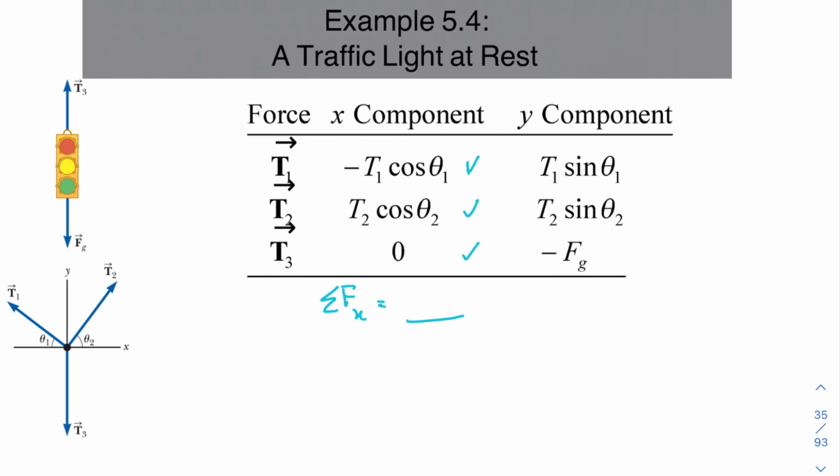And for this one, the summation of Fy is equivalent to this. Let's put it: this tick plus tick plus tick, and here is round plus round plus round. Okay, this can also be done like this.